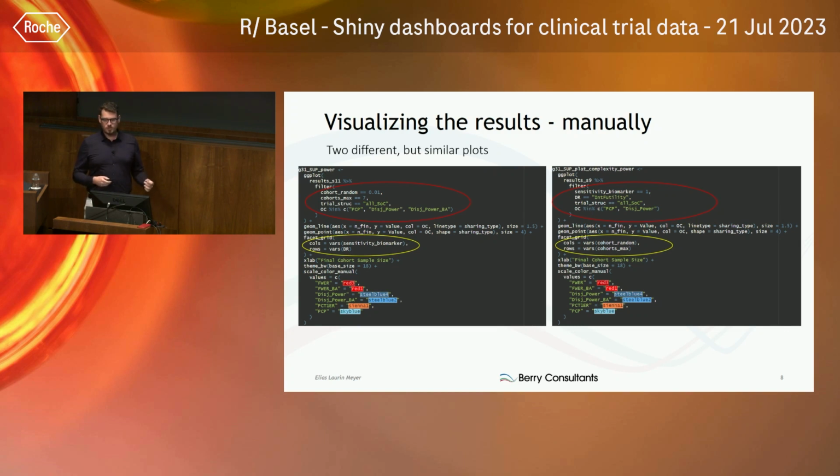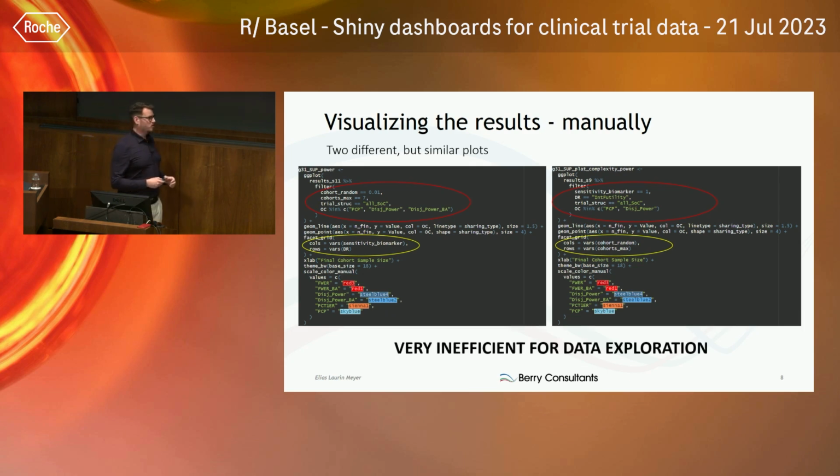You're just taking this, copy and pasting it, changing some variables, putting the variables somewhere else, and if you have 25 of those, this is really not fun to do, especially if in the beginning you do not know what you should focus on, because the whole point of the simulation study might be that you're investigating 25 different dimensions and you don't know a priori, okay, I want to see the impact of these 2 dimensions, but you want to play around with it and see where you find patterns. And then this becomes very, very inefficient.